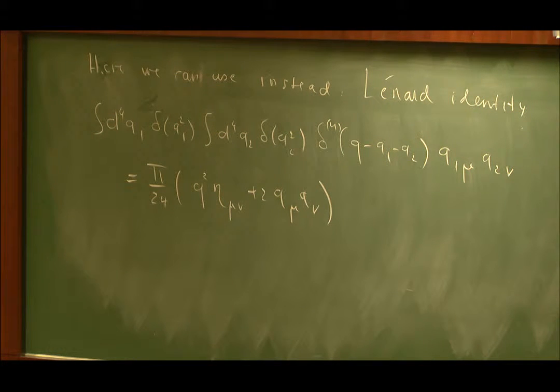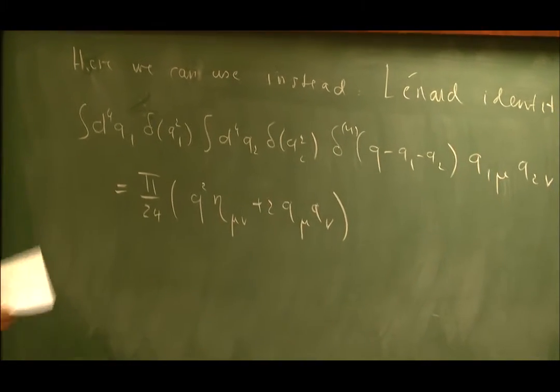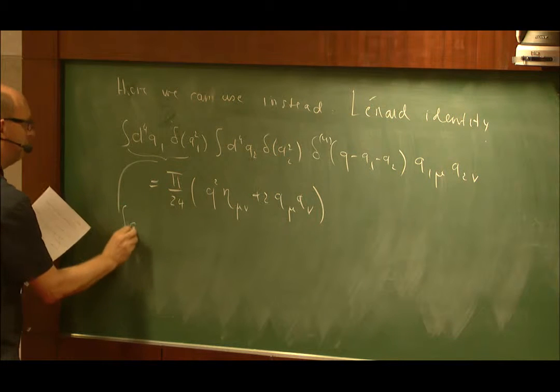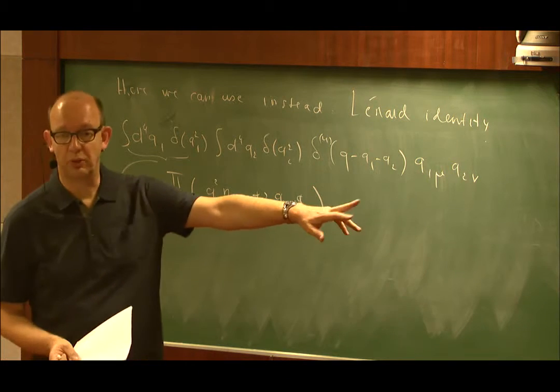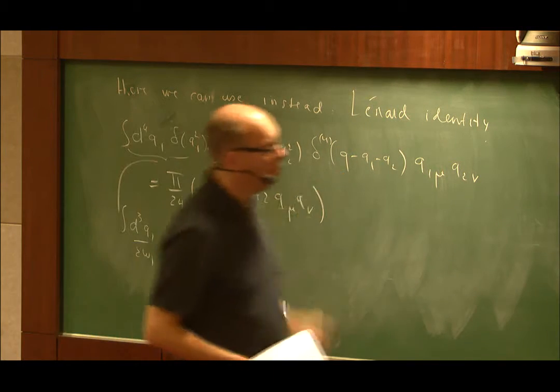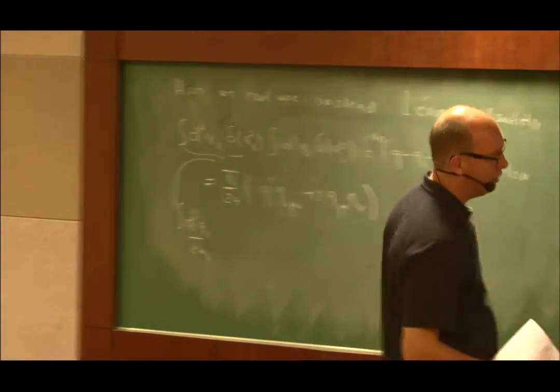It's certainly not obvious. But if you for the moment assume it's true, then this combination is the same as d3q1 over 2 omega 1. So that corresponds to our phase space integral. For q, we have p1 plus p2. So that delta function we have in our integral.